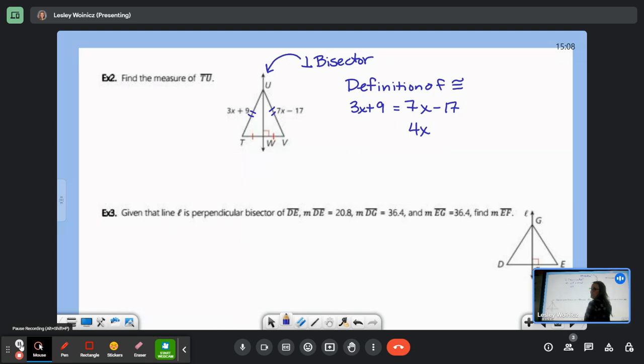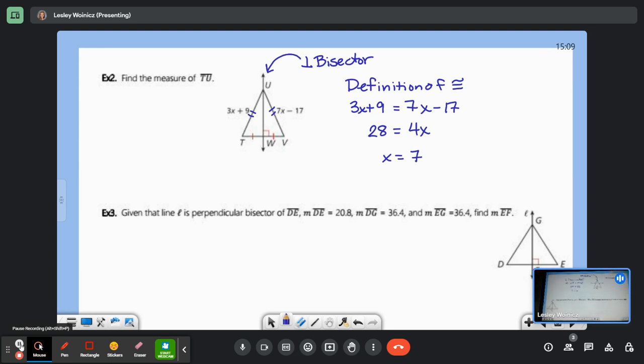Add 17 to both sides. 9 plus 17, is it 28? Do I need to show those steps or are we good? Promise? Okay. Now what? Yeah, divide both sides by 4. So what's x? 7. Good.